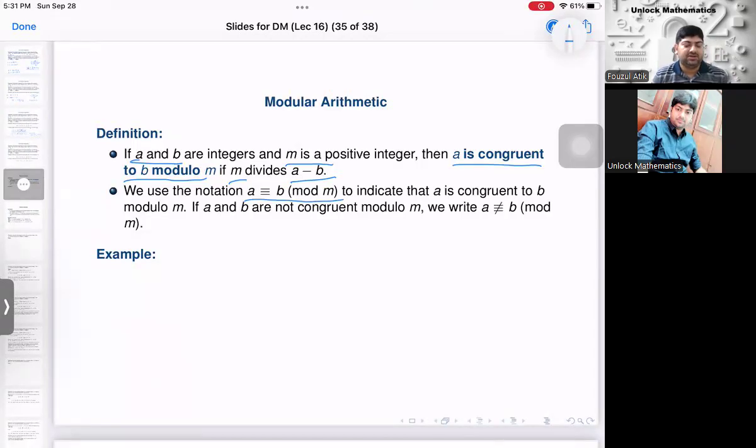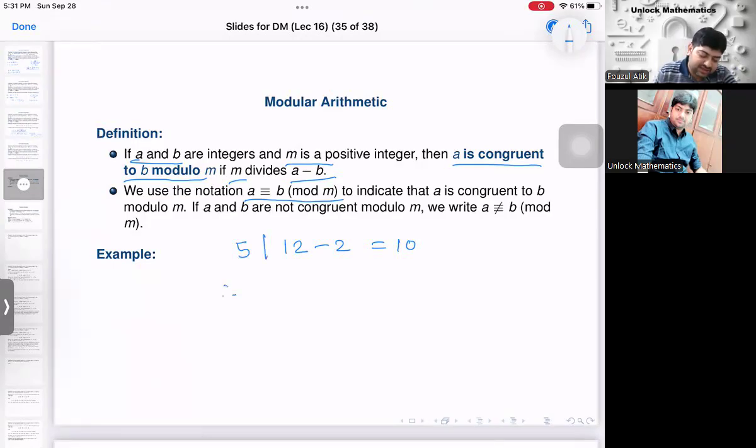This is the notation. So basically, suppose I have 12 minus 2, whose value is 10 and it is divisible by 5, right? So 12 minus 2 is divisible by 5 because 5 divides 12 minus 2.